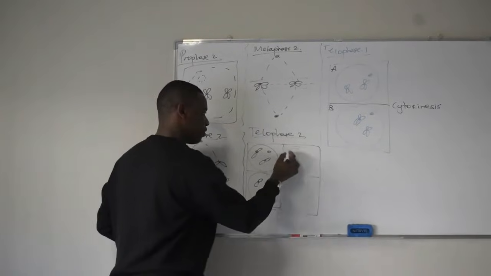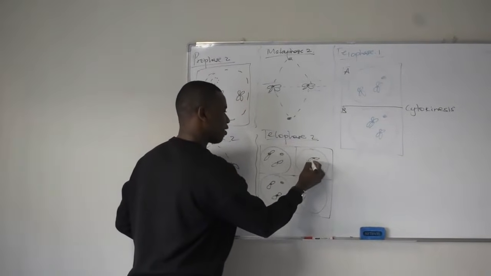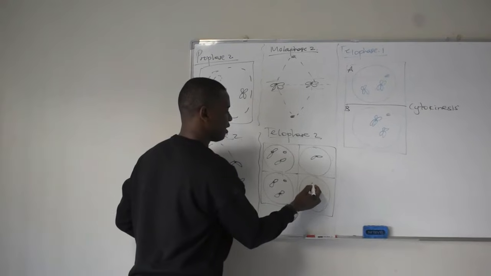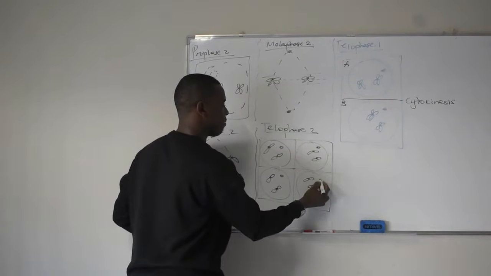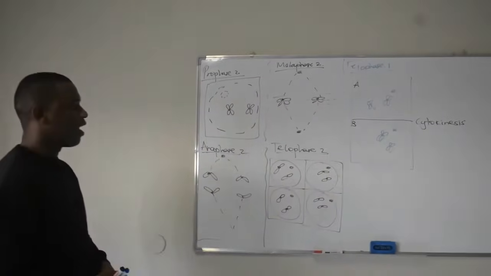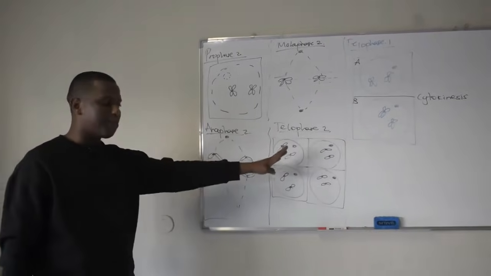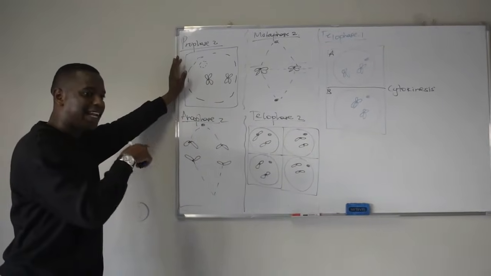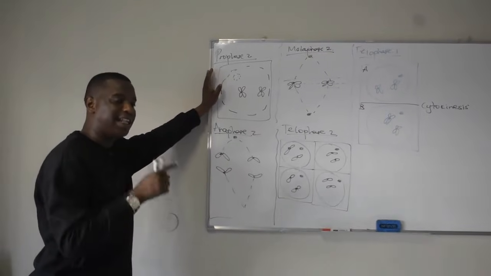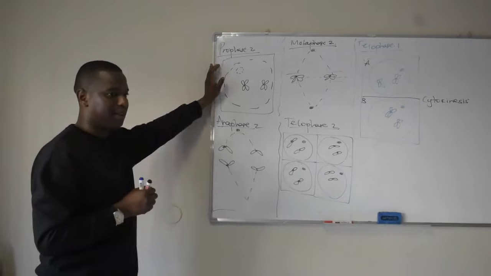And then I put the result of cell B, chromatid, nuclear membrane. Now I have 4 haploid daughter cells. And this is going to be the end of meiosis in that case, because we have achieved what we said.